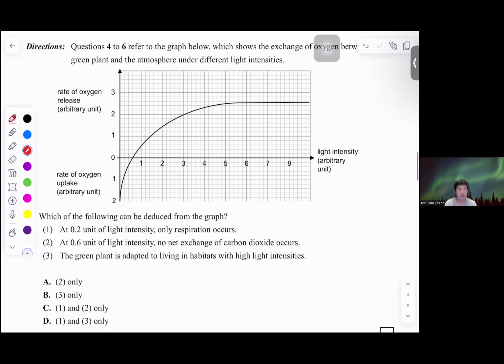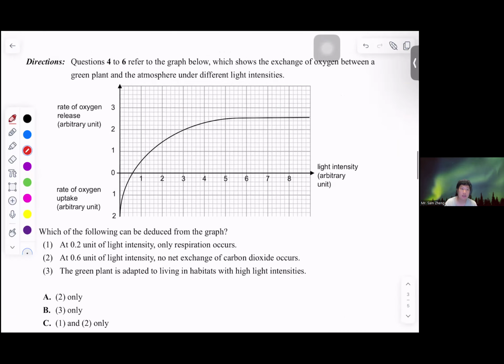Now we move on to this picture. This picture shows the rate of oxygen uptake and also the rate of oxygen released. We can see how oxygen is exchanged between a green plant and the atmosphere under different light intensity.